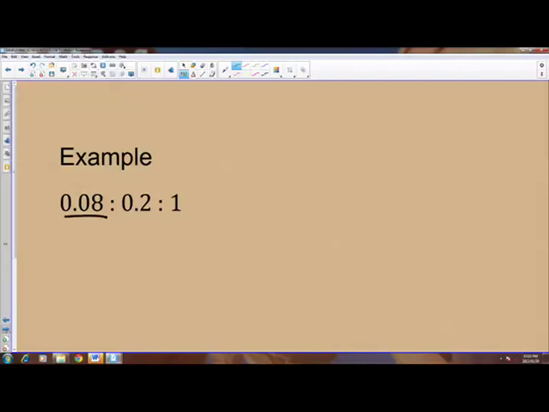To make 0.08 a whole number, we have to multiply it by 100. Because we have multiplied by 100 here to make this a whole number, we have to multiply everything here by 100.